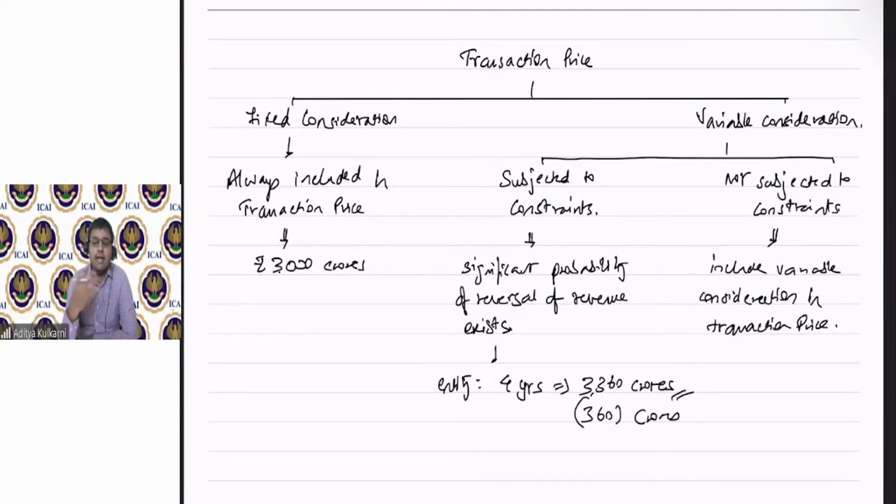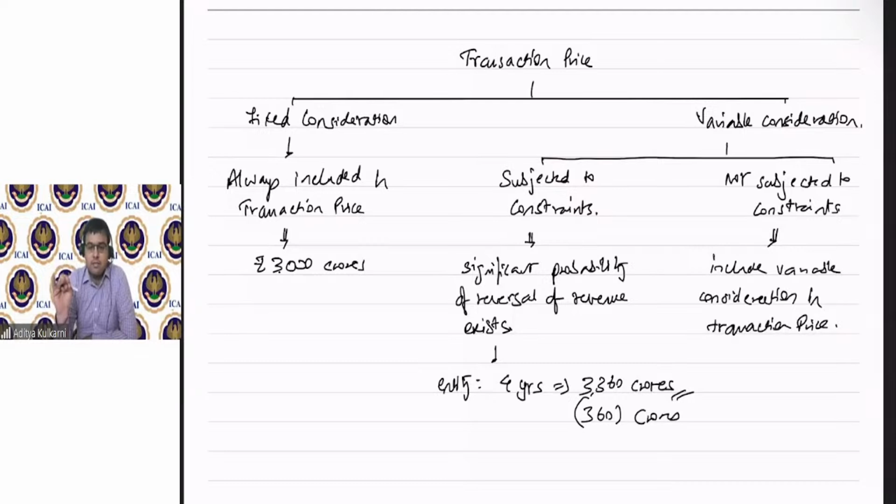So when we say a variable consideration is subjected to constraints, it means that if I have estimated a faster project completion rate to get the benefit of bonus accounted in my financial statements, there is a likelihood that such bonus will never be realized, and in the last year, you will end up reversing the revenue.